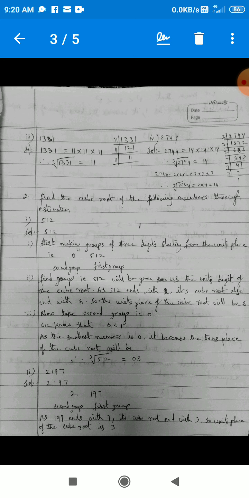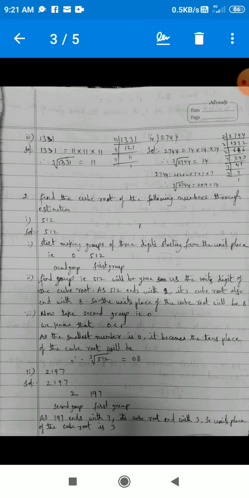First, 512. Solution. First step. Start making groups of 3 digits starting from the unit place, that is 512 is the first group and 0 is the second group. Second step. Find the unit digit of the cube root. As 512 ends with 2, its cube root also ends with 8.